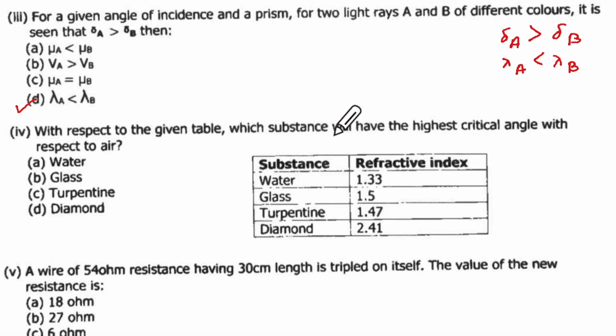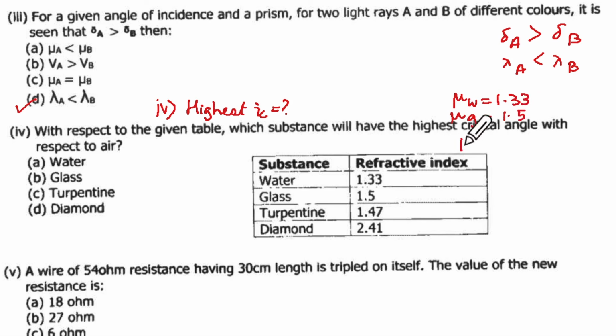With respect to the given table, which substance will have the highest critical angle with respect to air? So for the fourth part, they are saying highest critical angle. Okay, now your thinking step is: mu water is 1.33, mu glass is 1.5, mu turpentine is 1.47, and mu diamond is 2.41.